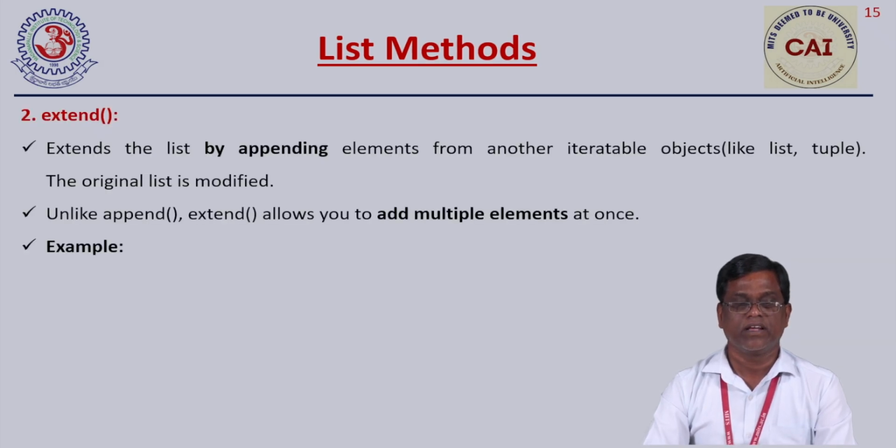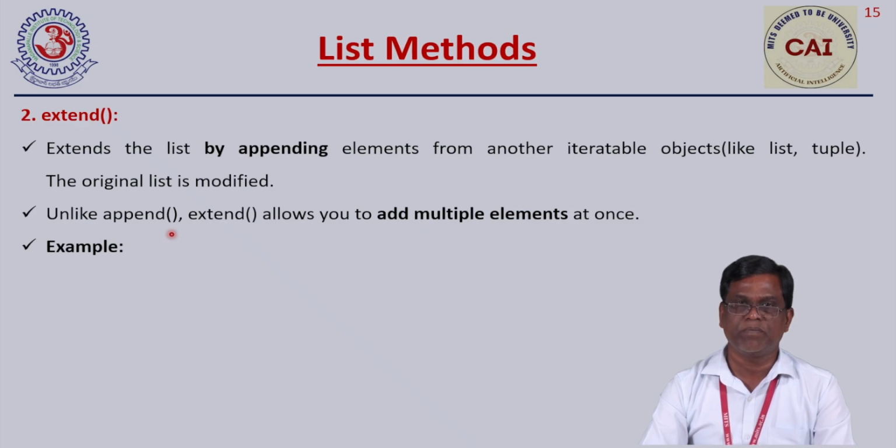Next one, the extend method. This extend method extends the list by appending the elements from another iterable object. The iterable object may be another list, a tuple, or a string, whatever it is. Once this extend method is applied on any list, the original list will be modified as usual.